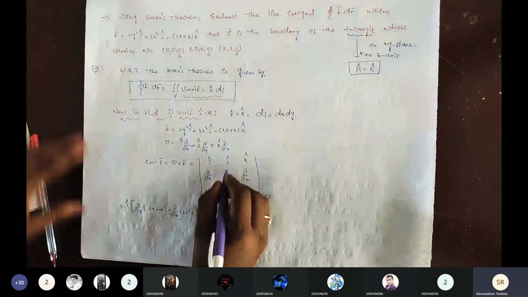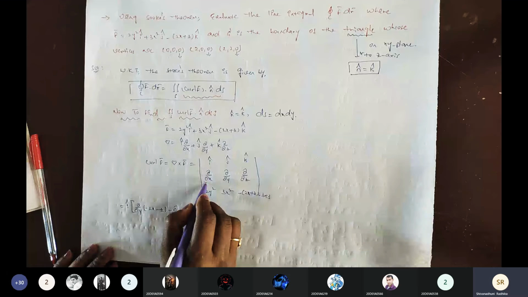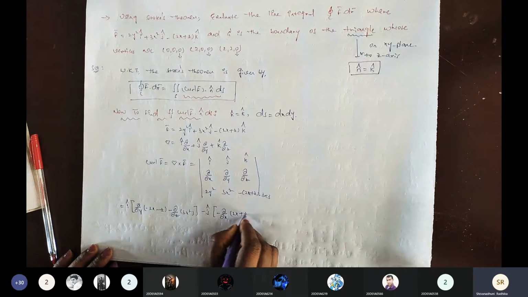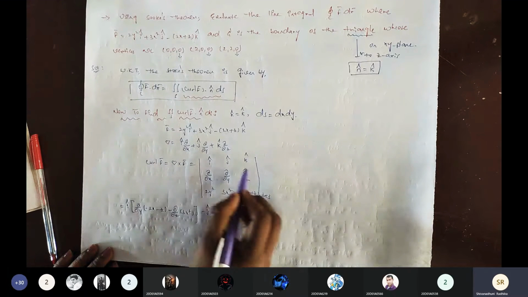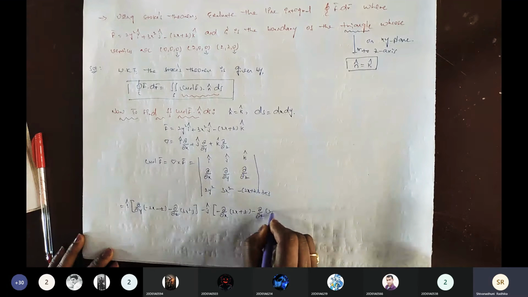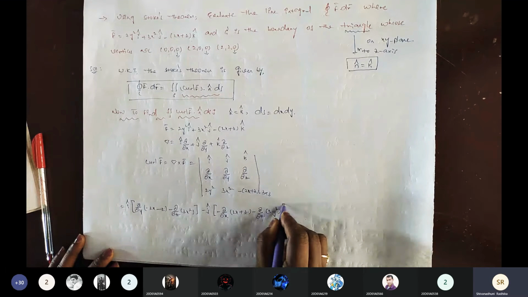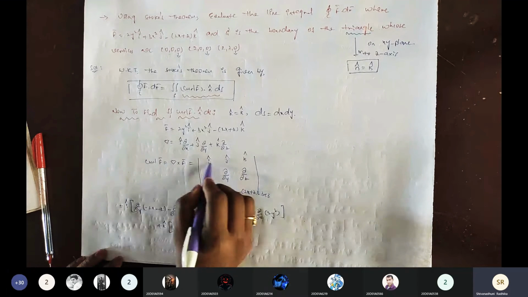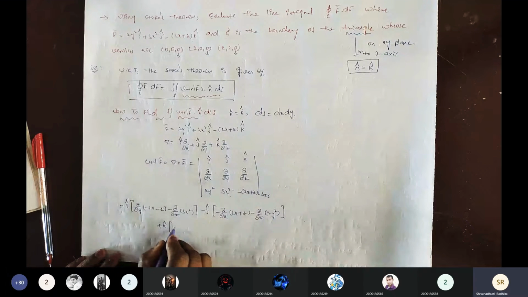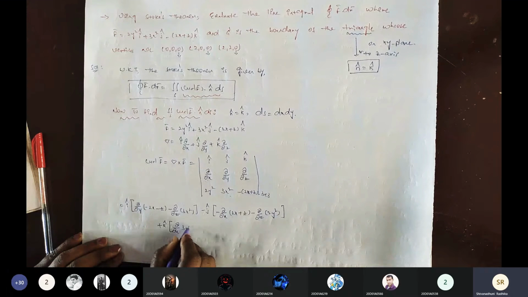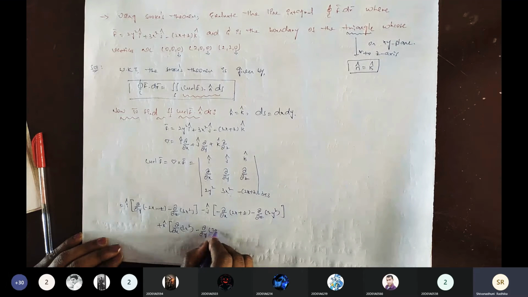Minus j cap of: eliminating the corresponding column and row, dou by dou x of minus 2x plus z, minus dou by dou z of 2y square. Clear. Plus k cap of the last one: eliminating the corresponding column and row, dou by dou x of 3x square, and the remaining minus dou by dou y of 2y square.